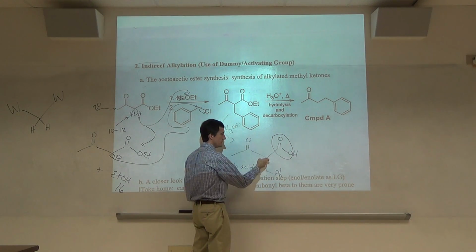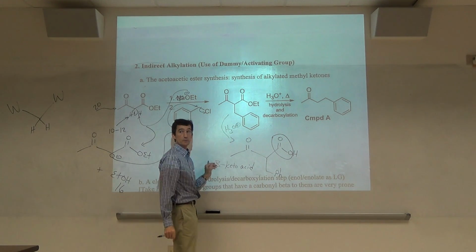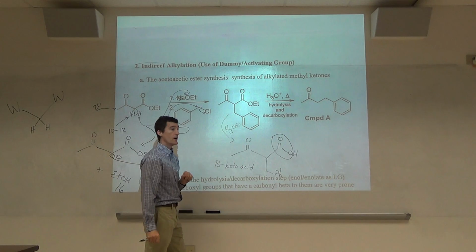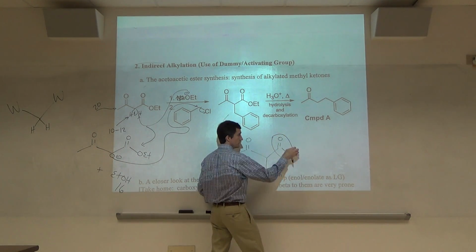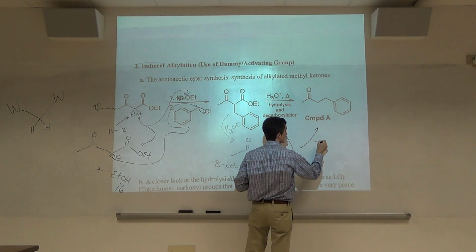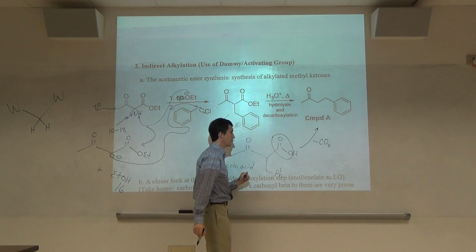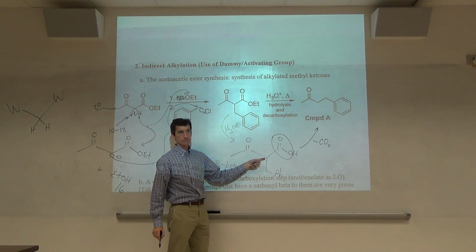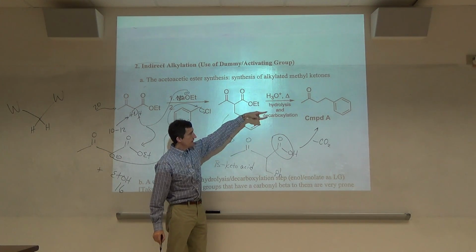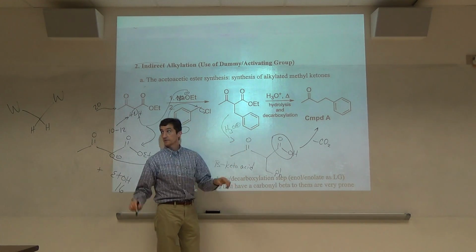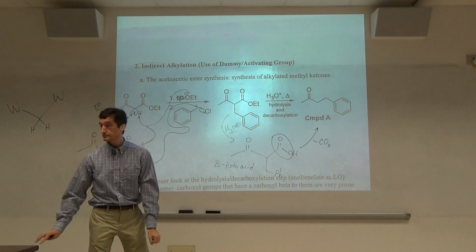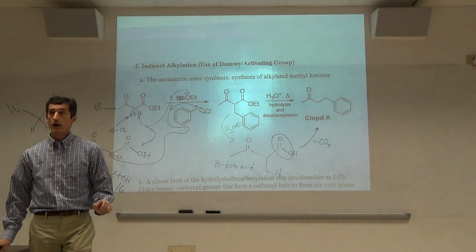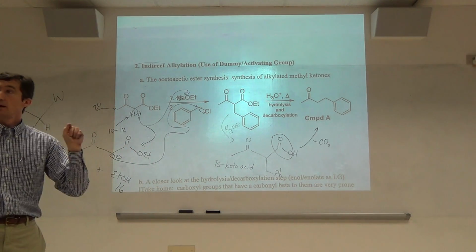This H will end up here. We will show the mechanism. We'll talk about it next time. When it loses CO2, and the H ends up here, what do you get? You get that. It's just drawing different zigzags. Okay? So we will look at this.